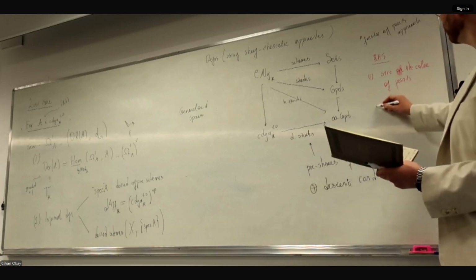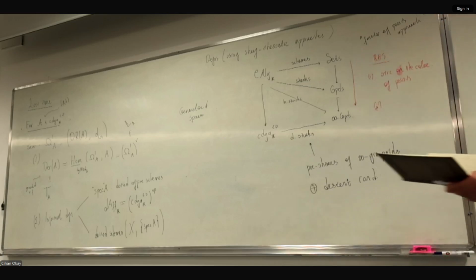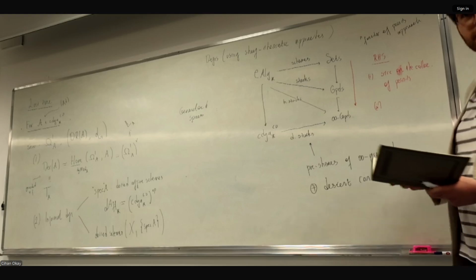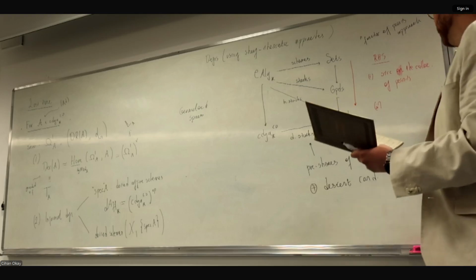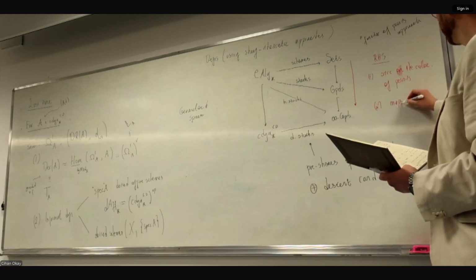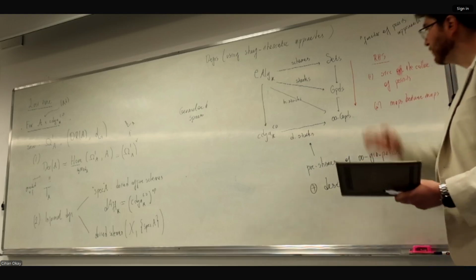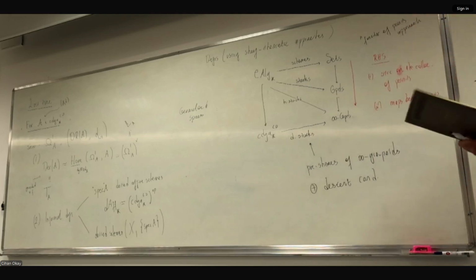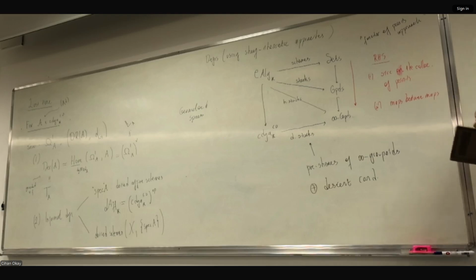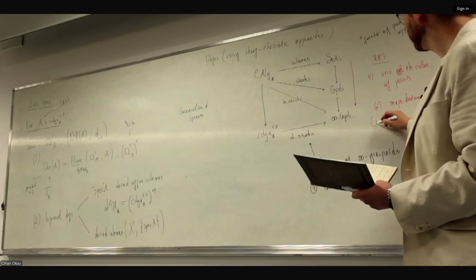Plus, when you move in this direction, you will introduce more maps, right? Maps between maps, higher maps. So it's like an infinite tower of equivalences. Maybe you want to decide two things are the same if there are two morphisms between them, and then you just keep doing that. It will give you an infinite tower of equivalences.